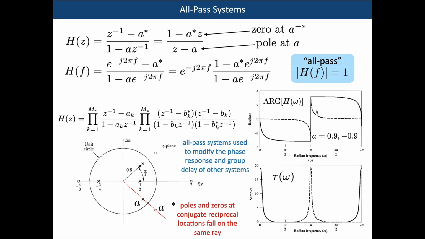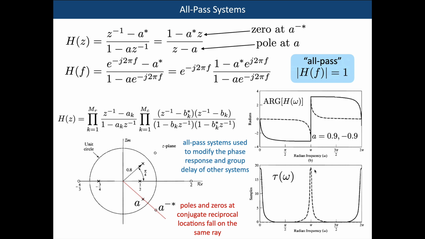And I've plotted here the principal value of phase and also the group delay for 2 different pole locations, one being on the real axis at 0.9, the other on the real axis at -0.9. And so you can see at 0.9 we get a delay of about 20 samples, and that would be for low frequencies.